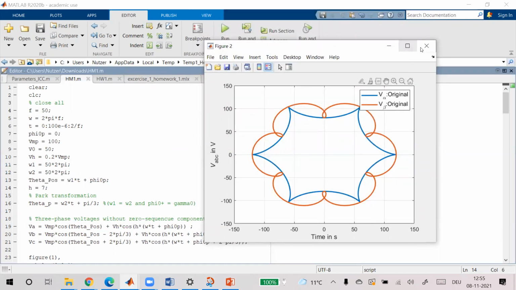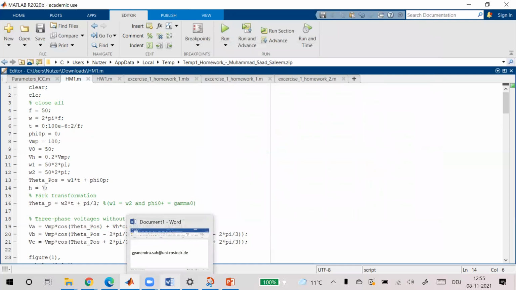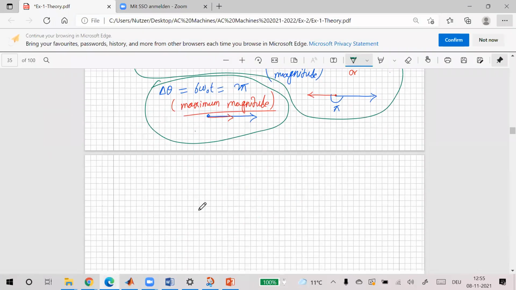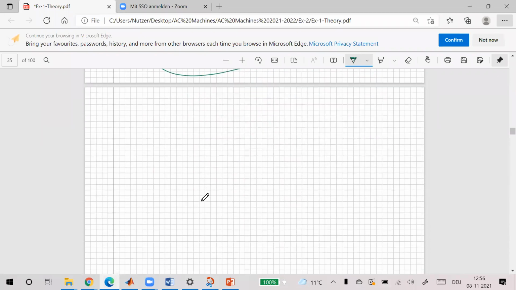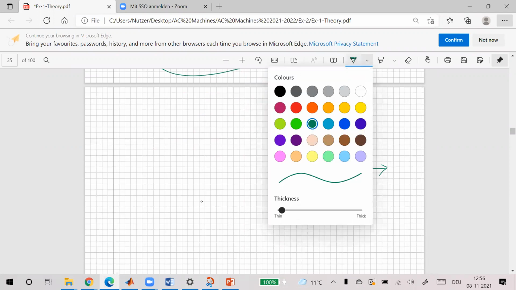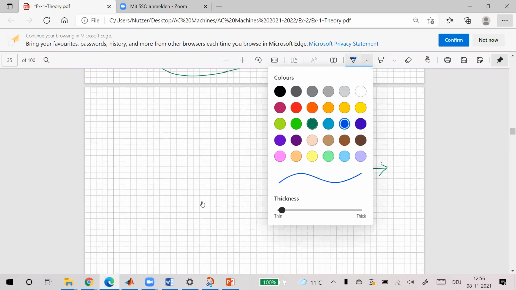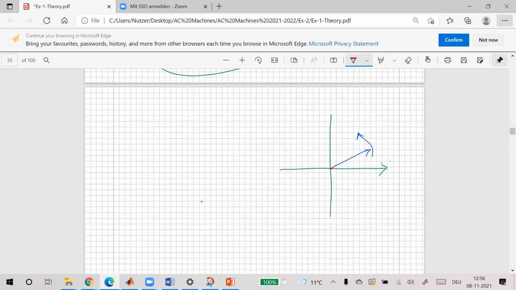So let's understand the seventh order. There's one thing I would like to mention here, which maybe students don't see very quickly. What we know is that our fundamental is rotating this way, and now our seventh order is also rotating this way.